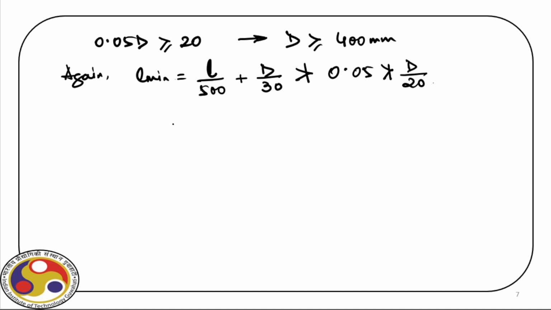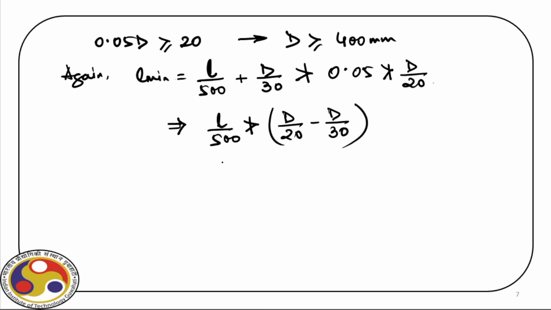So what we effectively get is L by 500 should not be greater than D by 20 minus D by 30. Or in other words, it should not be greater than D by 60. That is, D should be less than 0.12 L.